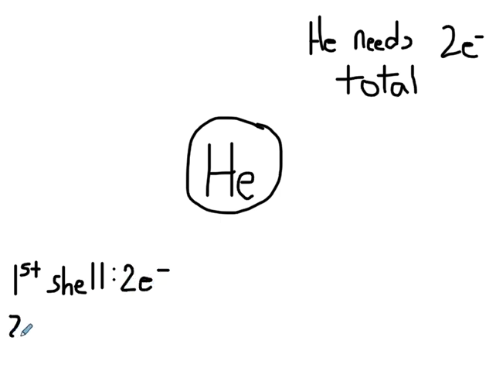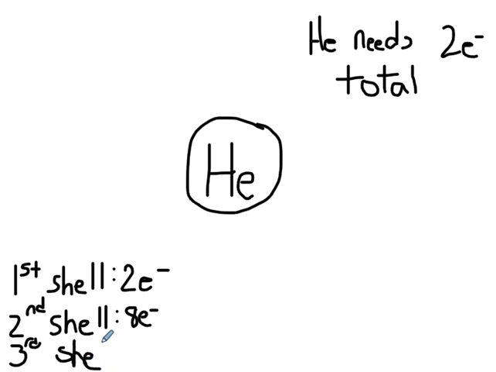The second shell could hold 8 electrons. And the third shell could also hold 8 electrons.